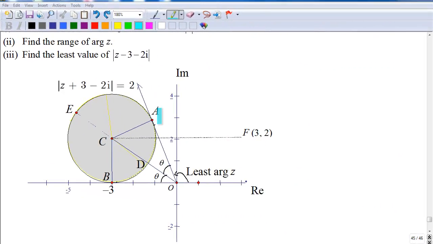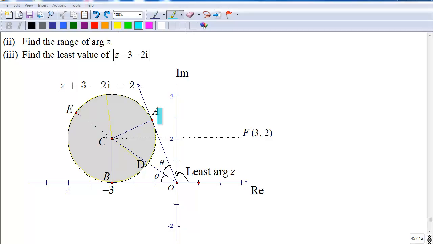Now in part 2, I want to find the range of argument z, meaning I want to find out what kind of values argument z can take. Argument z means I'm looking for the angle that the point representing this z to O makes with the real positive axis.